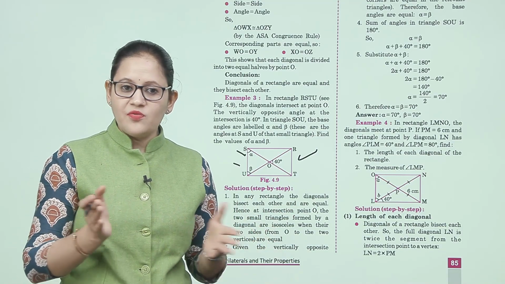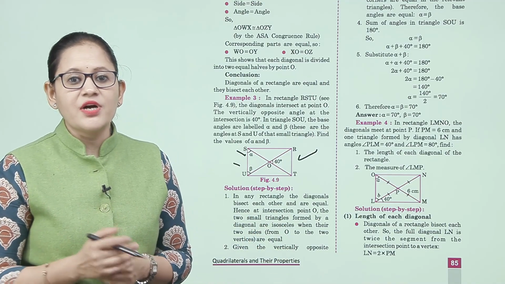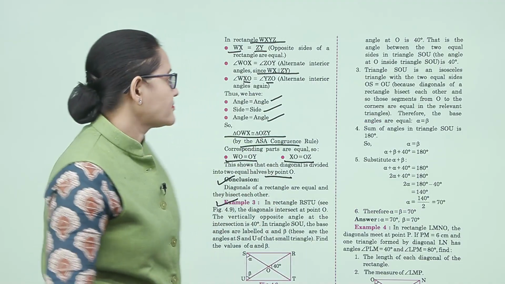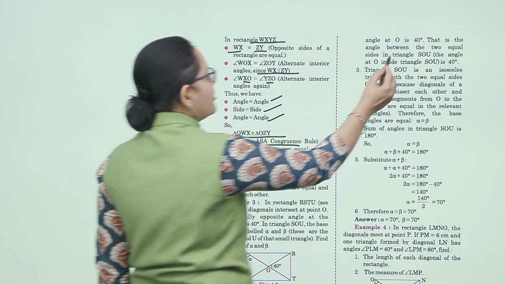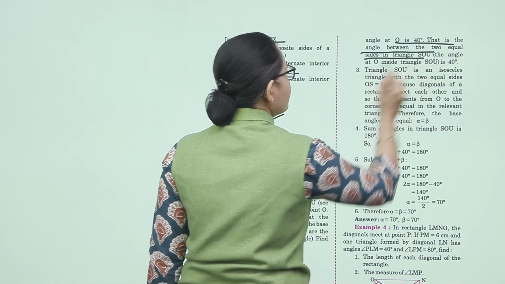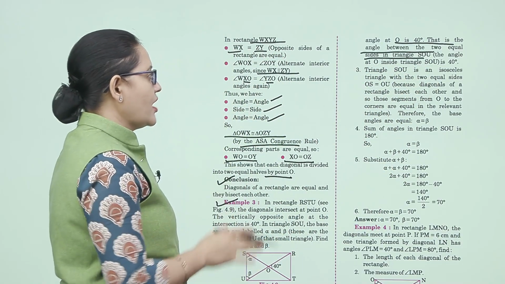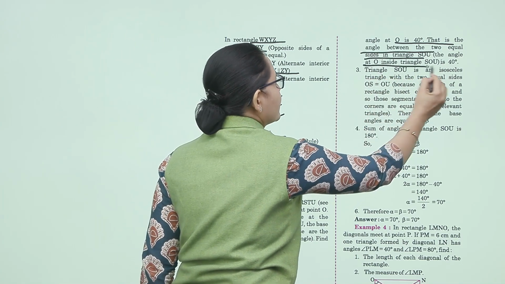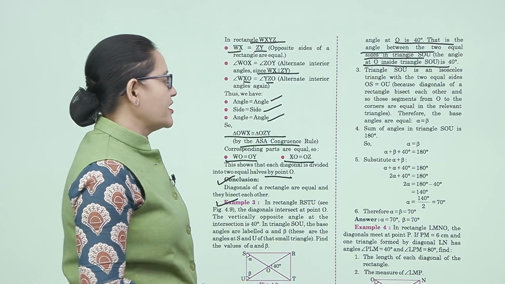Given the vertically opposite angle at O is 40 degrees, the angle between the two equal sides inside triangle SOU is 40 degrees.